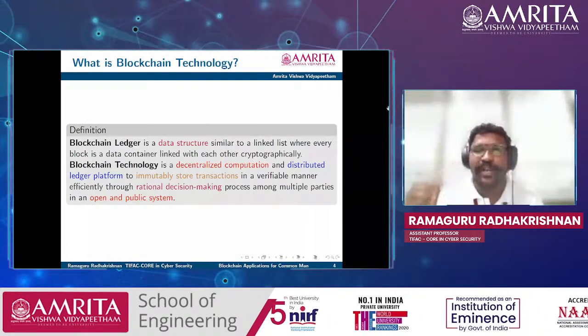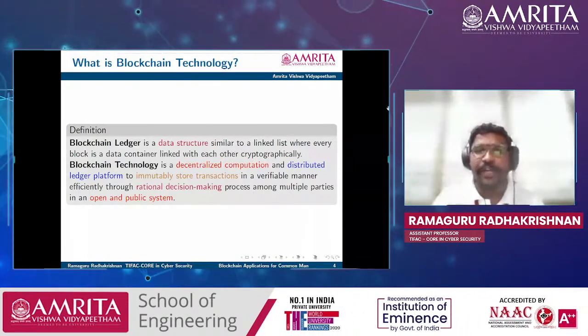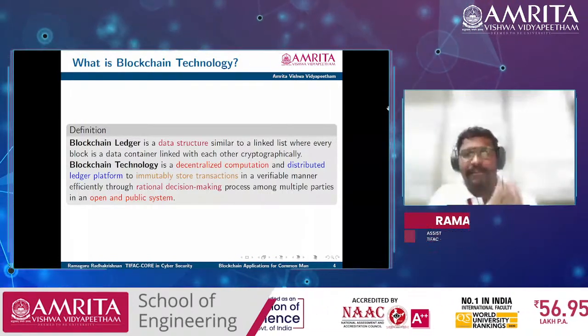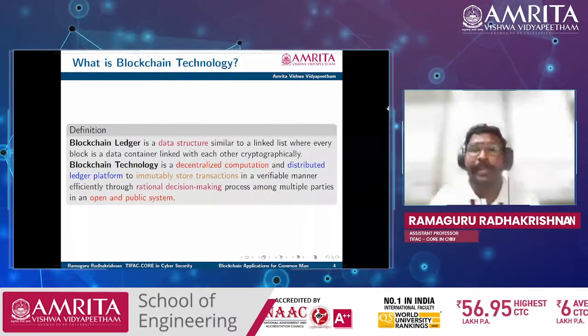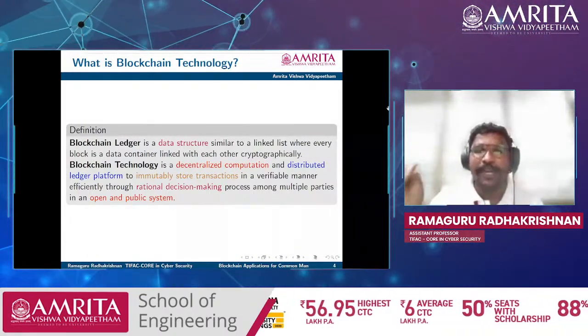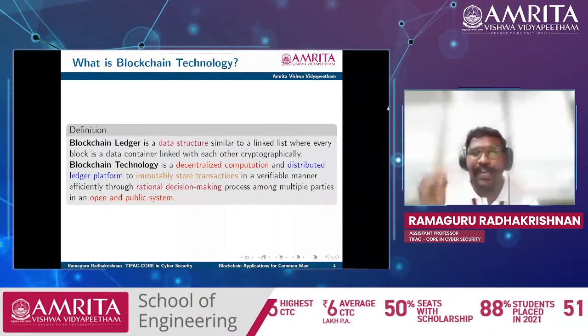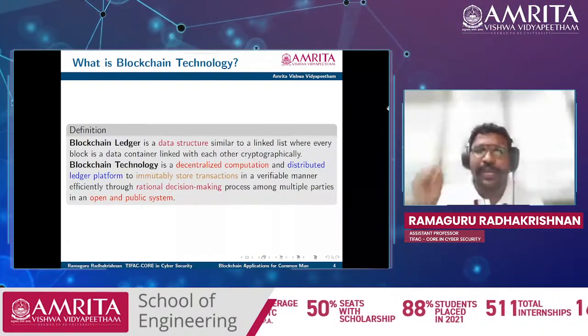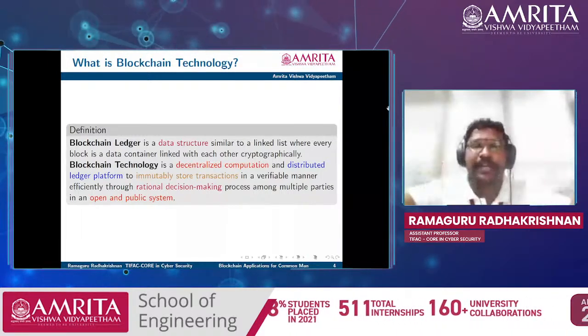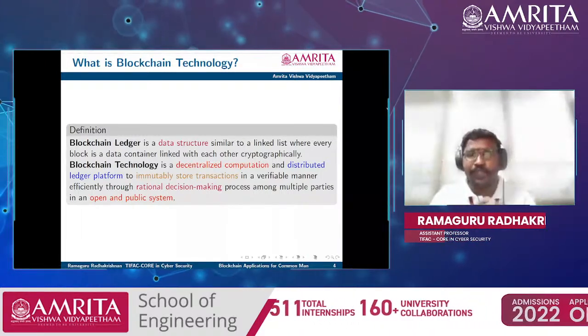To store these transactions in a secure and immutable way, we use blockchain. The advantage is that anyone can verify these transactions in an open and public system, where the trust comes through a rational decision-making process among the multiple parties involved in the network, which we call consensus.